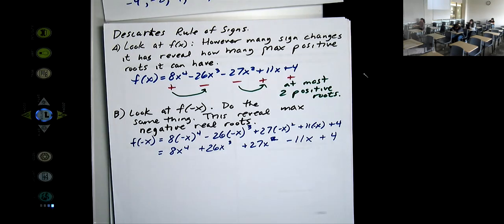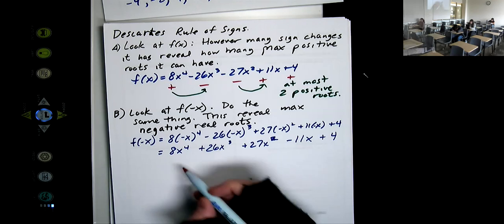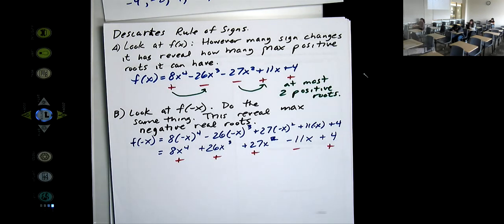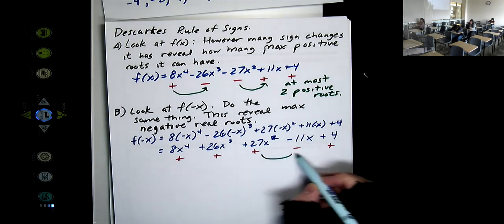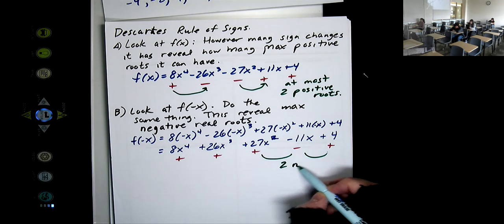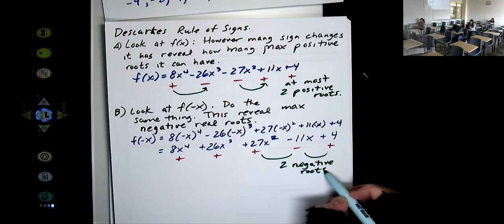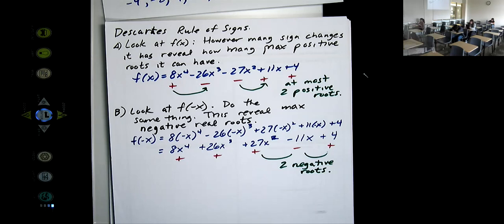If I look at the signs here: positive, positive, positive, negative, positive. And so we could have 2 negative roots. Sometimes it's a lot different.